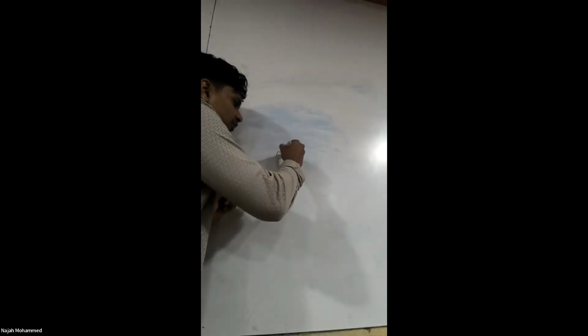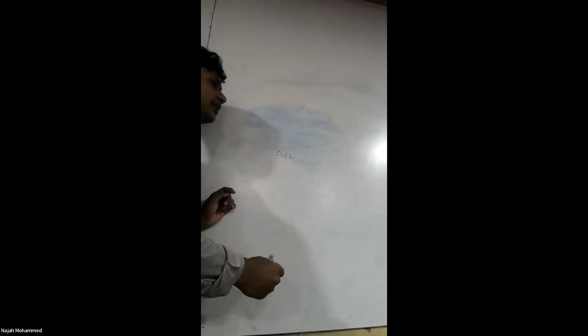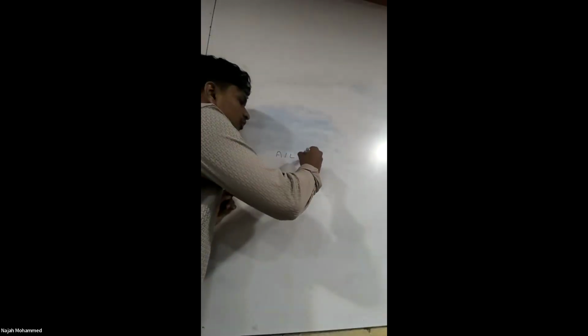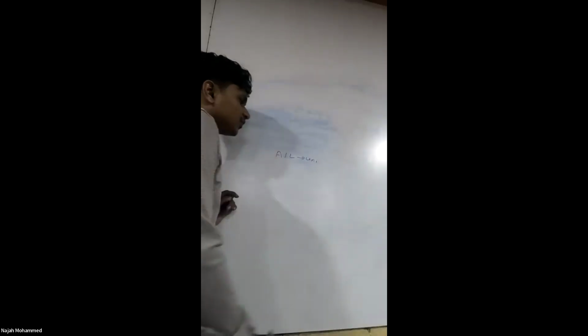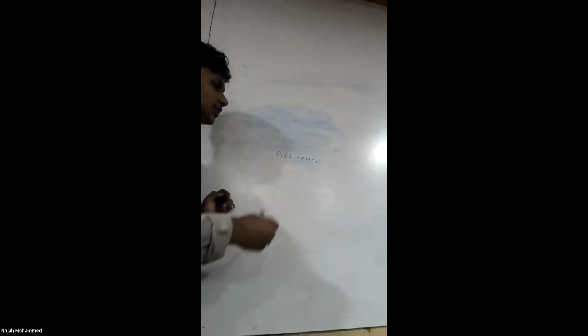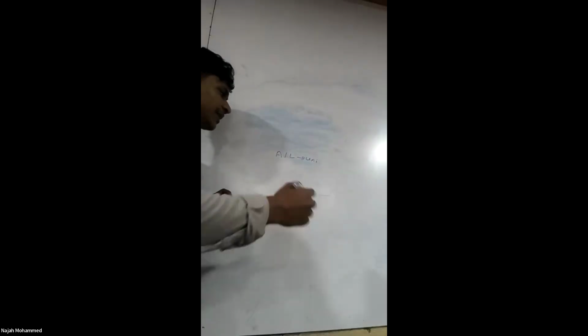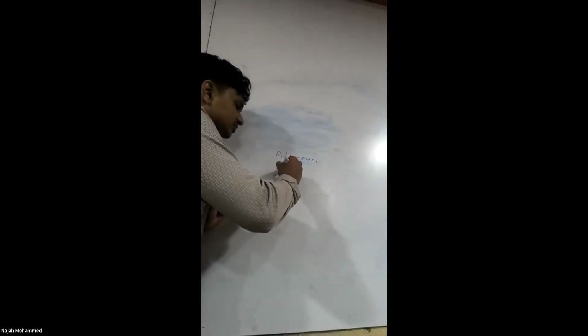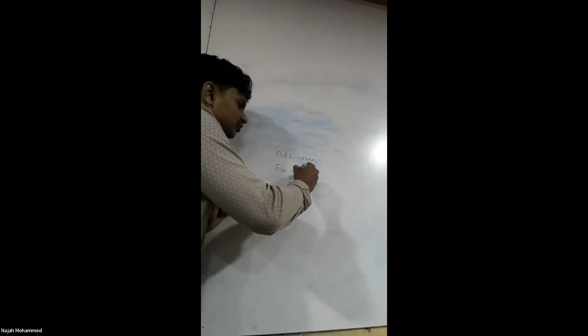But why are you doing A levels? To go to university, right? You're going to do A levels to go to university. But the foundation course will also go to university.